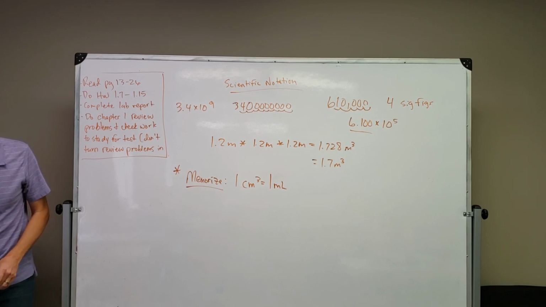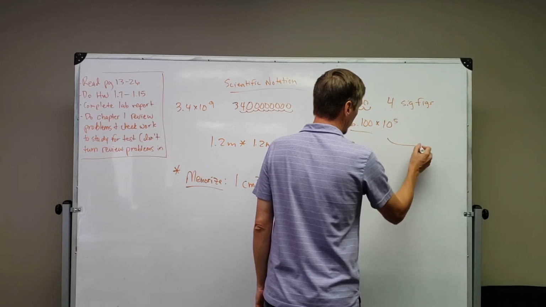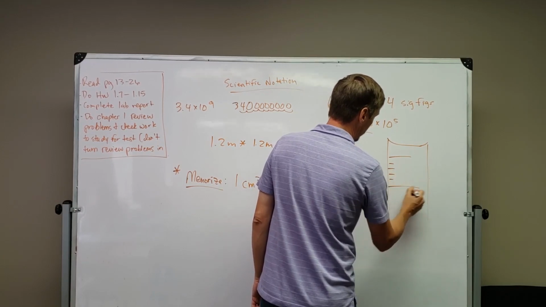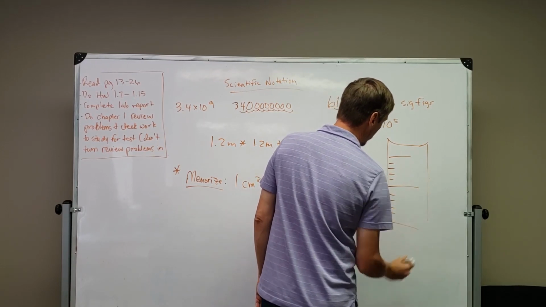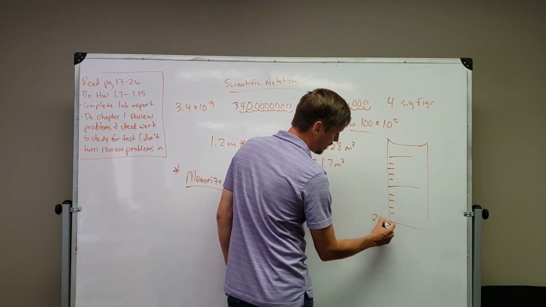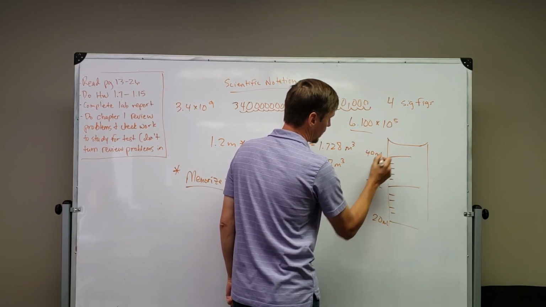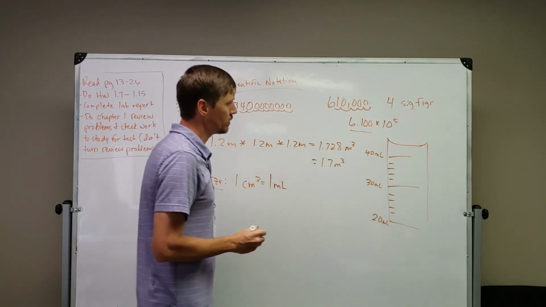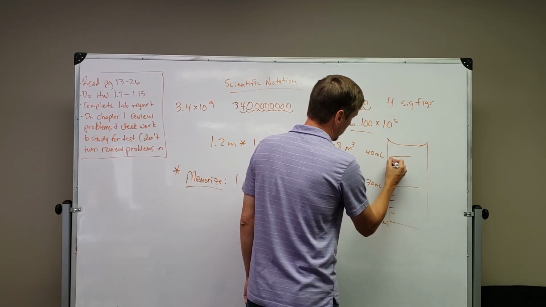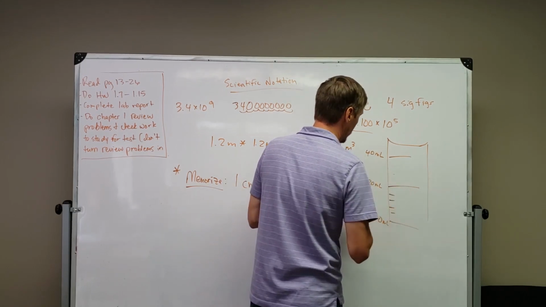All right. So, graduated cylinders. One of the measuring devices we're going to use today is a graduated cylinder. It looks like this. It's got the measuring lines on here. Let's just say we had this graduated cylinder here, and we'll say that this is 20 milliliters, this is 30 milliliters, and this is 40 milliliters. Let's do this a little bit more accurately, because I want to ask you guys about precision.